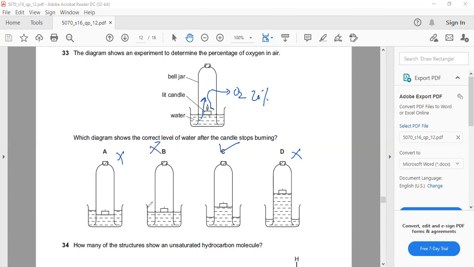B is wrong, it shows the same water level outside and inside. The inside should increase because when the candle was burning, it consumed oxygen. Roughly 20% of the air in the bell jar is oxygen, so the water level inside the bell jar rises.